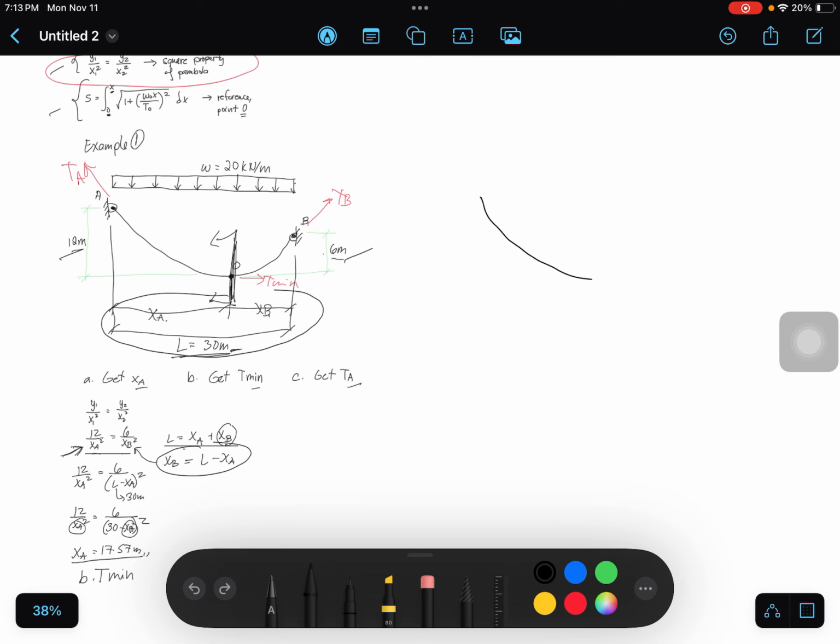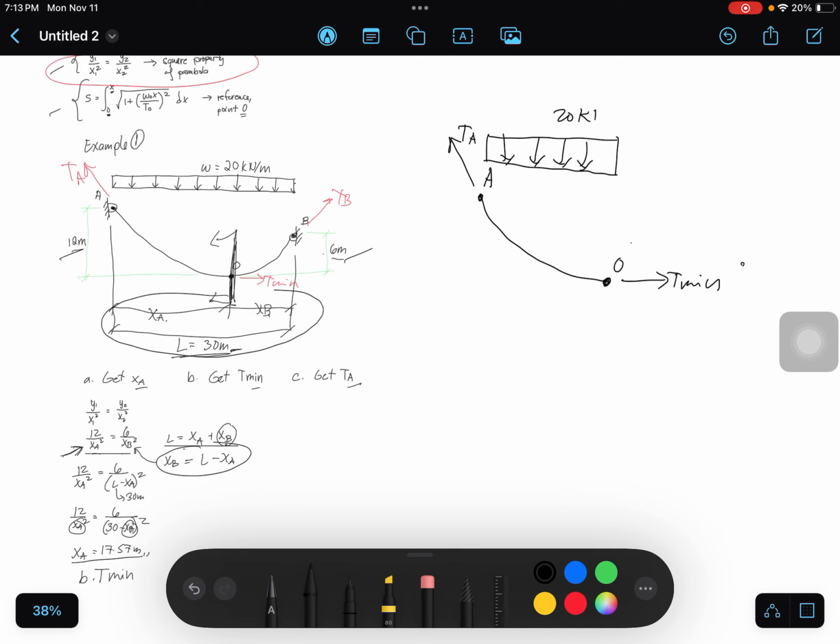Lowest point ko, this one, and this is my point A. So, meron akong TA dito. Meron akong T-min dito. And then, may load tayo dito. And that is equal to 20 kilonewton.